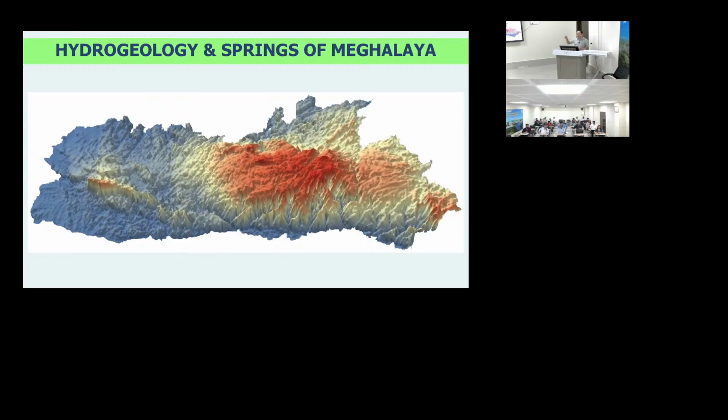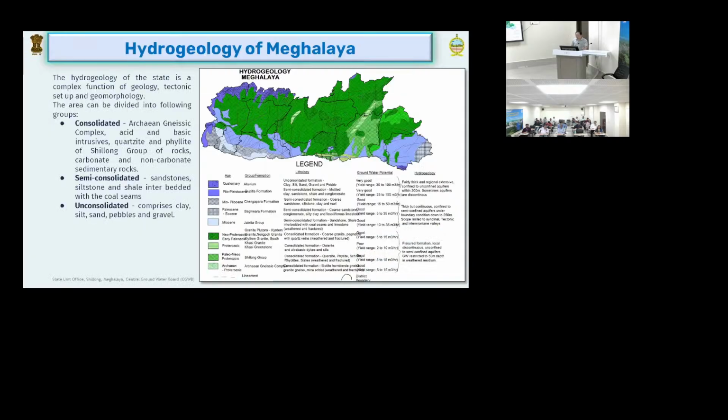So I will go one by one through the northeastern states, the hydrogeology and the springs that exist in those. To start with, I will go with Meghalaya state. Meghalaya also comprises consolidated, semi-consolidated and unconsolidated formation. We all know that the geology of Meghalaya is very complex. We can see formations from Precambrian till the recent.